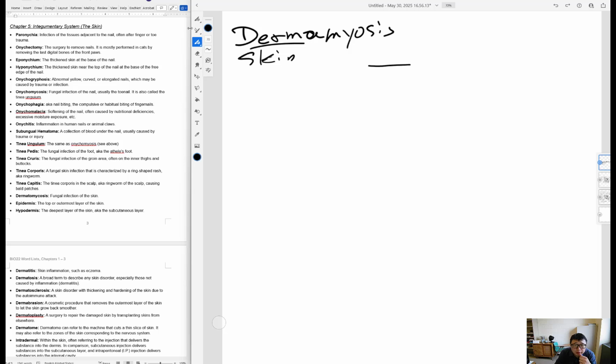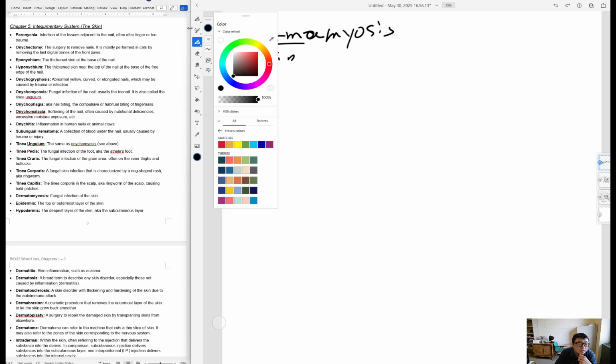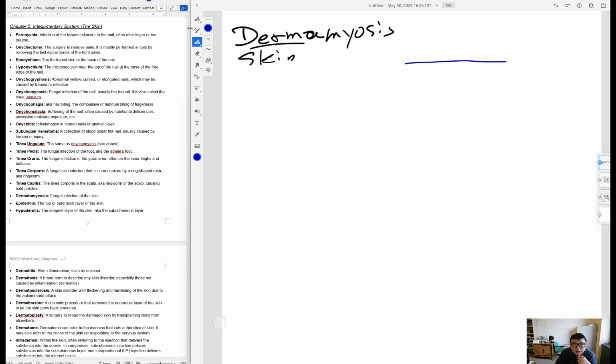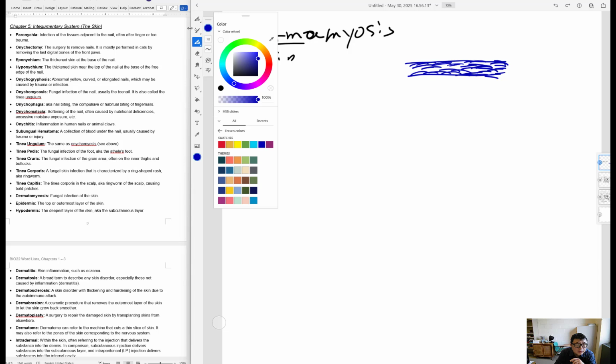Here's the skin structure in many different colors. We use the surface and the root. I use blue because there's no blood vessel at this level.